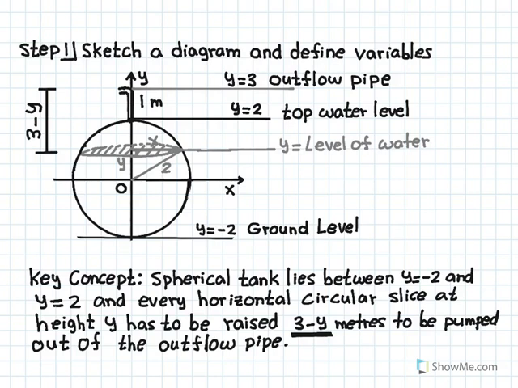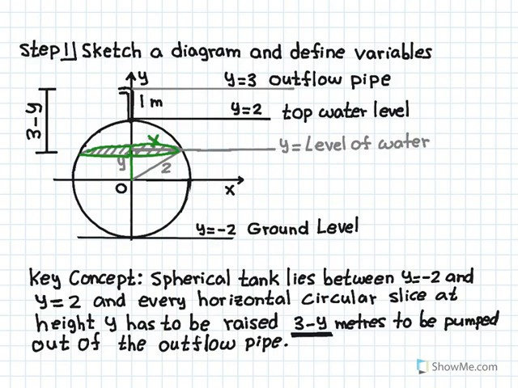All right, let's sketch a diagram and define some variables. The most important part of this diagram is this cross-sectional slice and the distance that it has to travel to get to the top. Here's a circular cross-section, and we're taking these cross-sections perpendicular to the y-axis. Clearly this is a circular cross-section with radius x. The distance to the x-axis is y.